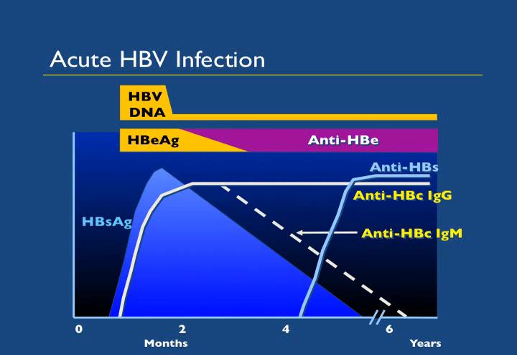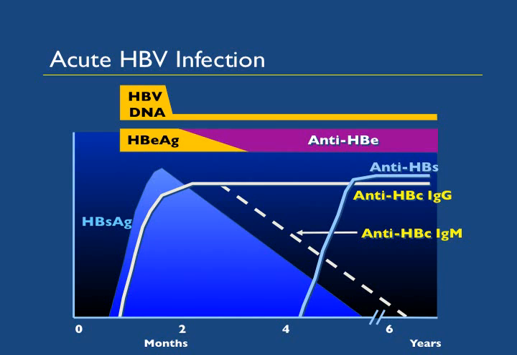HBV DNA would drop to very low levels, sometimes undetectable, but it is not uncommon that low-level hepatitis B virus DNA remains detected. One of the hallmarks of acute hepatitis B infection is the presence of the IgM core antibody. This usually is the first antibody to show up and is what distinguishes acute from chronic infection.